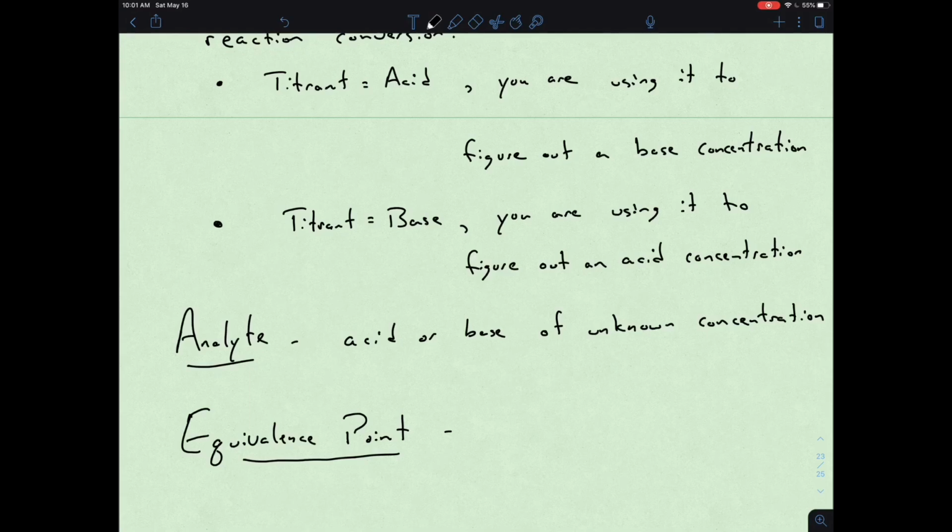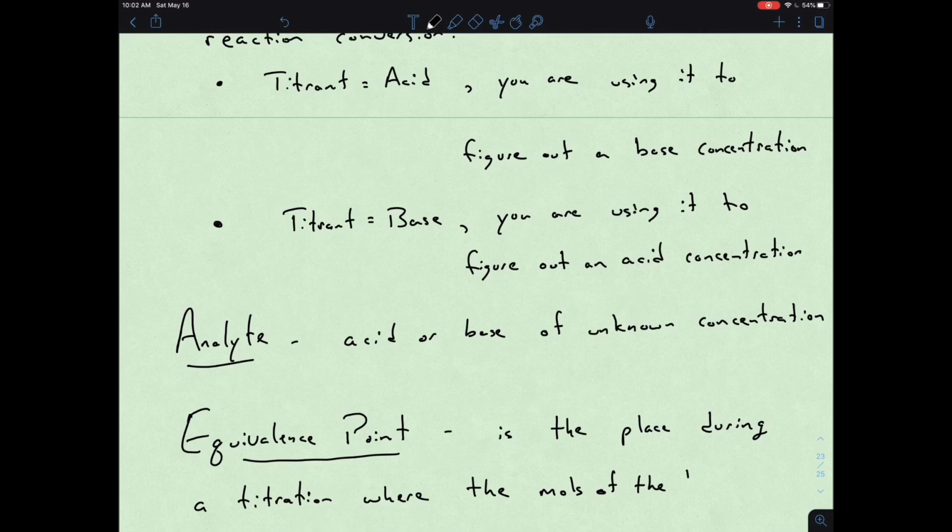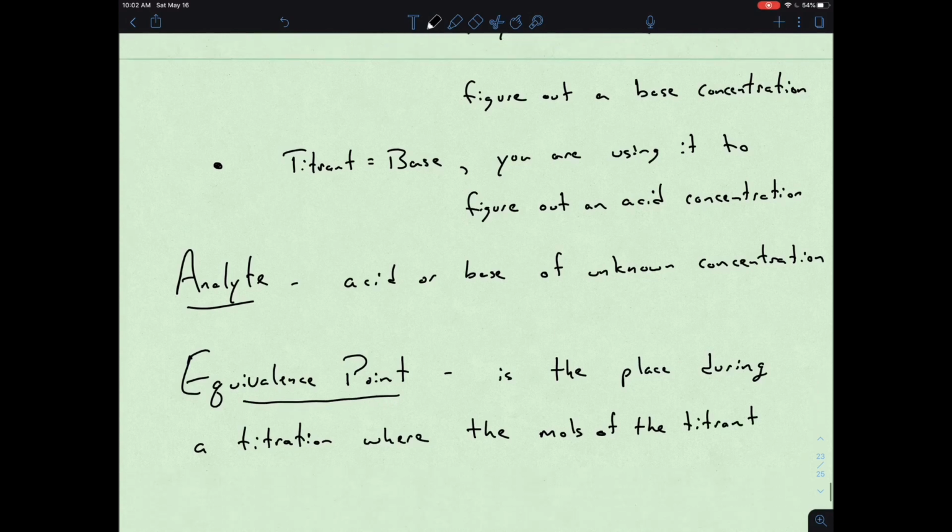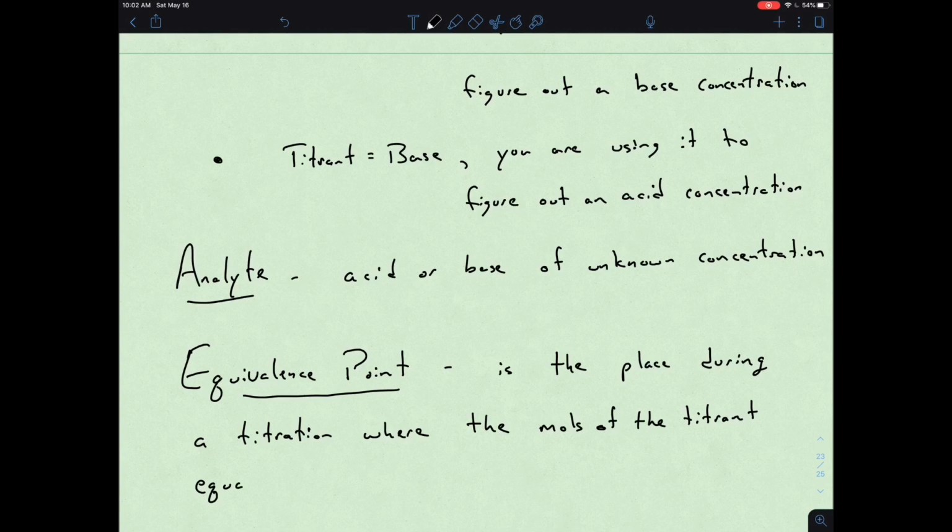The equivalence point is the place during a titration where basically the moles of the titrant equal the moles of the analyte.